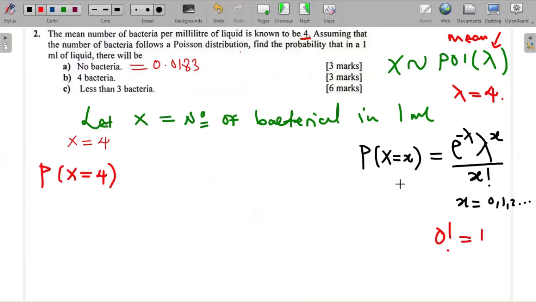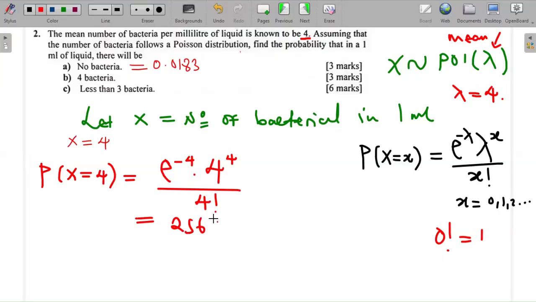Following this formula, it will be equal to e to the power minus 4, times 4 to the power 4, divided by 4 factorial. So what is 4 to the power 4? You can check on your calculator that you get 256, and 4 factorial will give you 24.